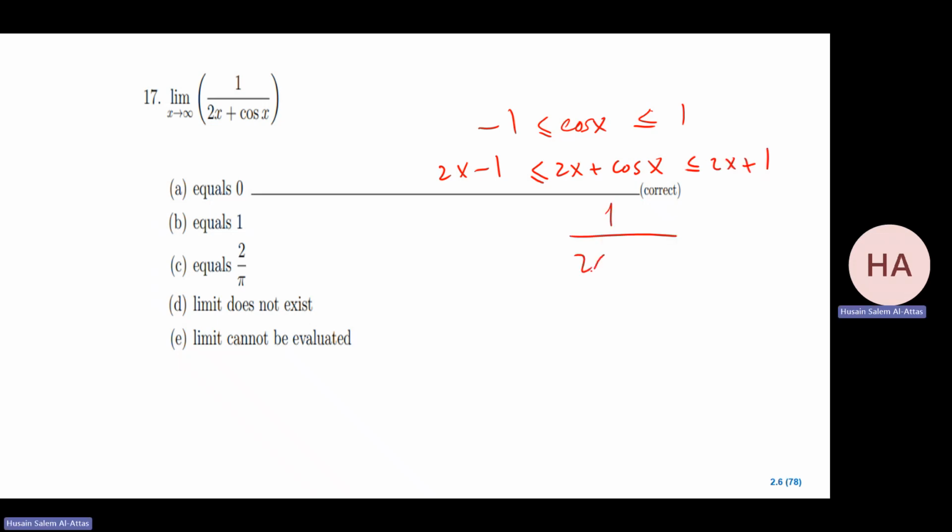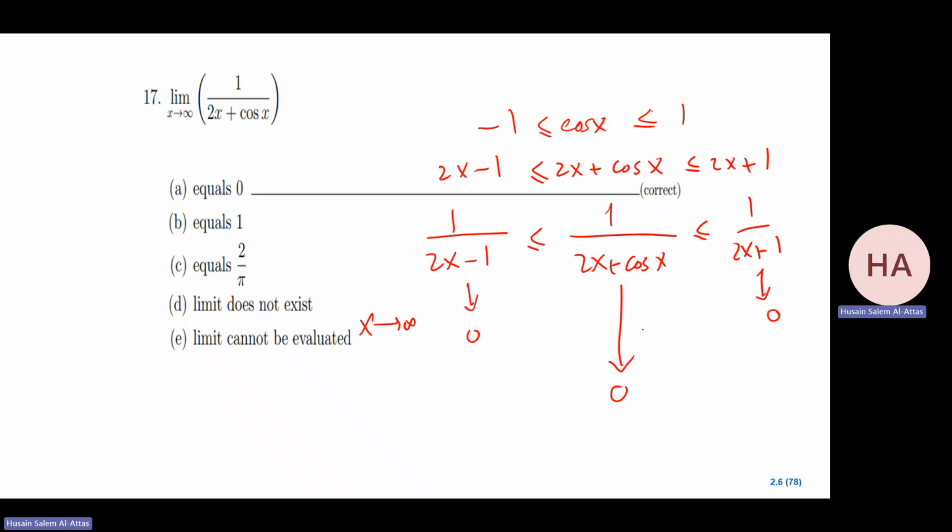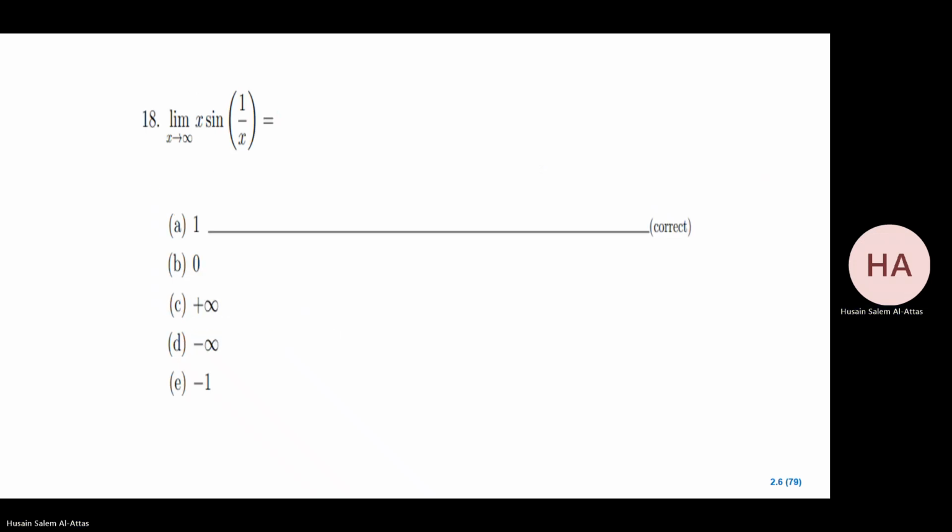So 1 over 2x plus cosine x is between 1 over 2x plus 1 and 1 over 2x minus 1. As x goes to infinity, this is 1 over infinity, which is 0, and this is the same thing, 0. So that should be 0 by the sandwich theorem, by the squeeze theorem. So this will be 0.